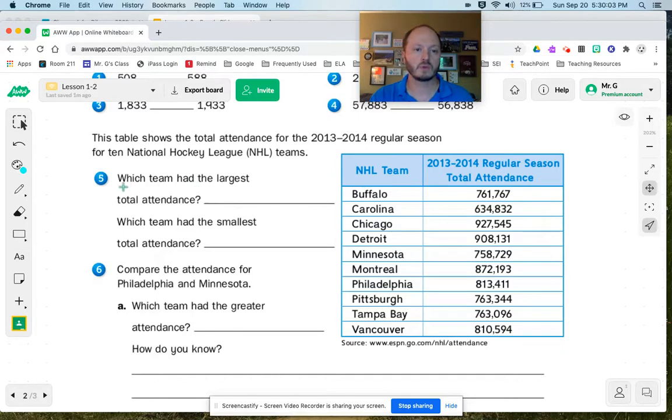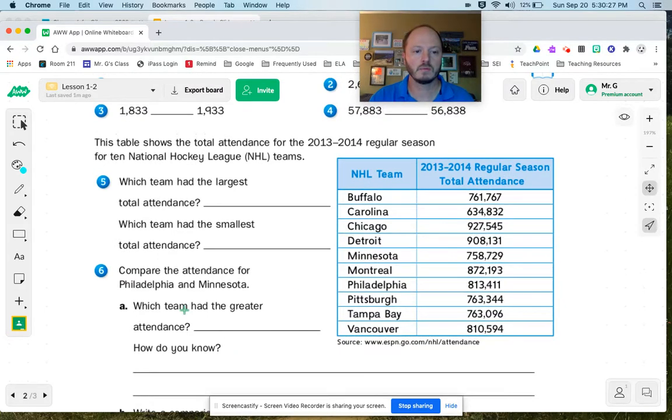So the first question, number 5 in this section, says, which team had the largest total attendance? So there's a lot of big numbers in this table here, but I want you to try to find the biggest number. And I want you to think about why it's the biggest, okay? And then which team has the smallest, and you go through that list again and try to find the smallest.